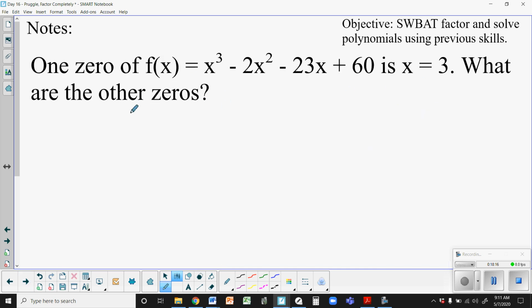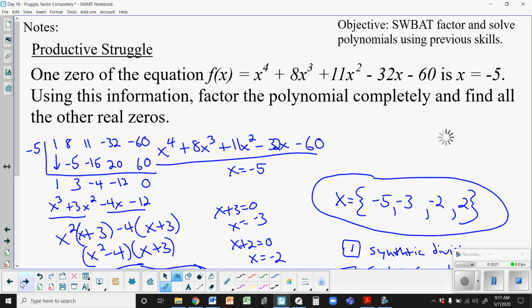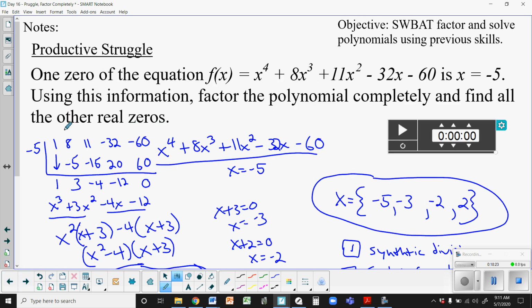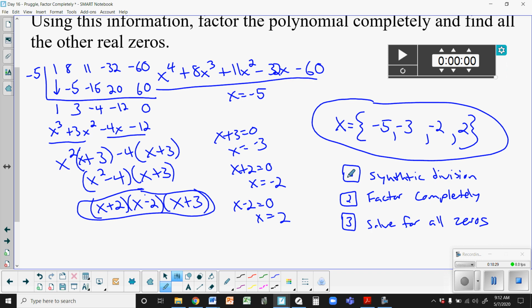Notice it says, what are the other zeros? So we're trying to find these other zeros. So let's look back at this other one. Oh, this one also says find other real zeros. So let's find the zeros. So this process, remember we wrote this down here, we can do synthetic division with the 0 that it gives us. We can factor completely, and we can solve for all zeros.